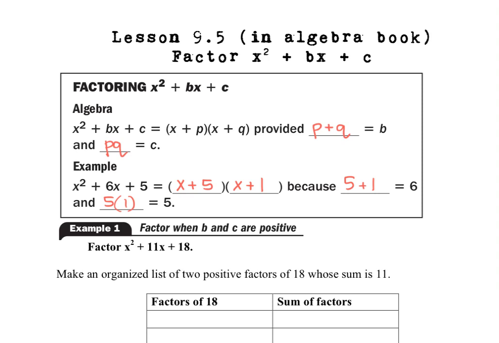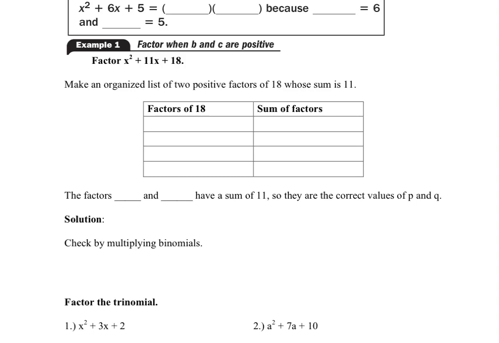Again, I'm looking for two numbers that add to the middle coefficient and multiply to that last term. Now, when you're writing these, it does not matter if you put X plus 1 times X plus 5 or X plus 5 times X plus 1. The order doesn't matter.